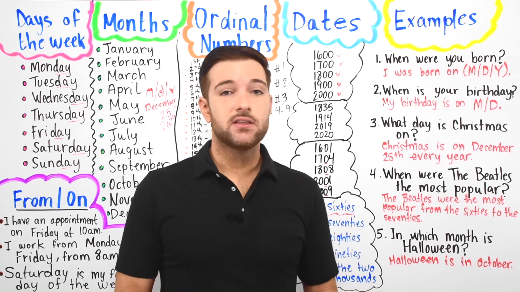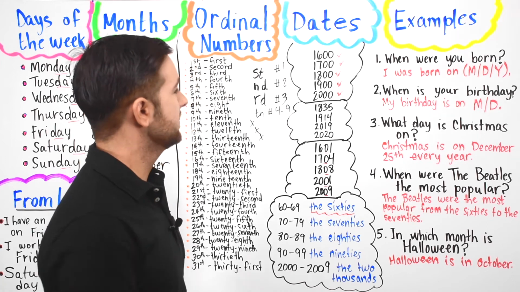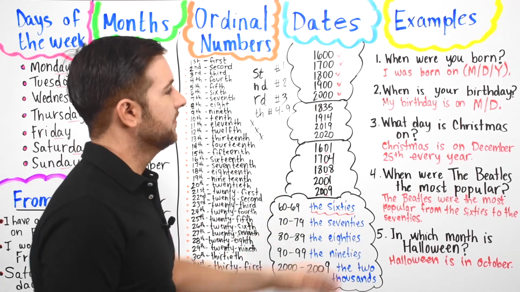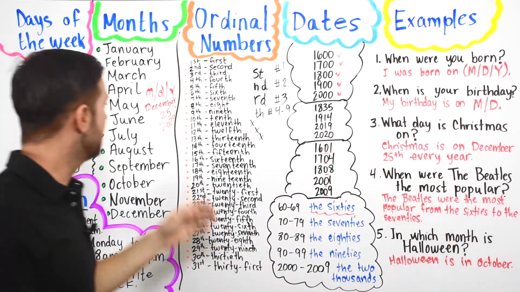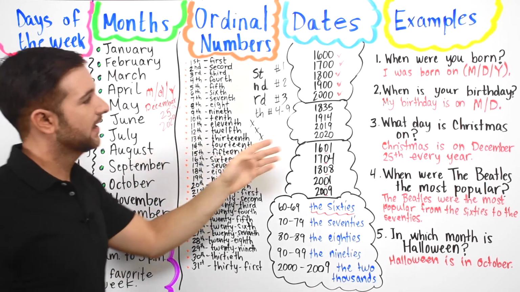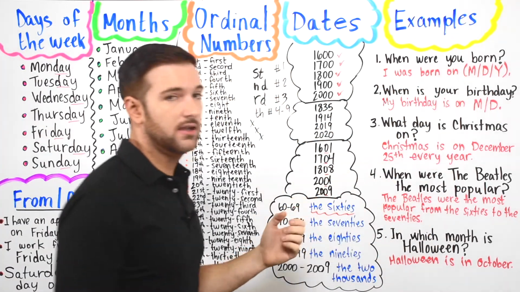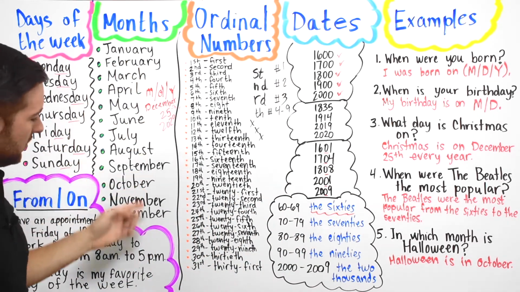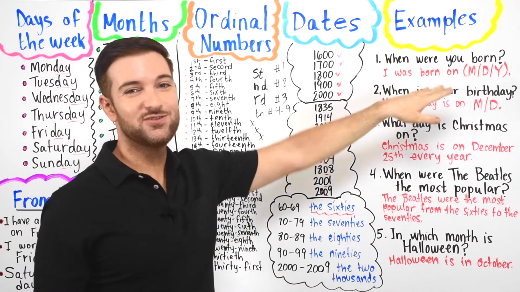Now let's go ahead and learn how to talk about when you were born. In the first example, number 1, it says, when were you born? And then it says, I was born on month, day, year. You remember how we had it over here, month, day, and year? I was born on February 29th. And then choose a year.